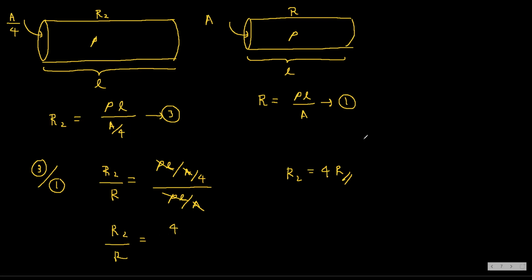Okay. Now that's all for the resistance part. Now I'm going to talk about resistors. Generally, resistors are represented in the circuit by using this symbol. This is the symbol of a resistor. And this symbol is also used for the resistor. Now, I'm going to ask you another question.